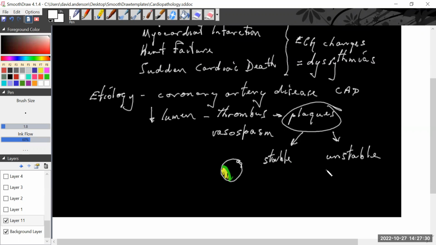However, in an unstable plaque, we see a very large lipid core. So we had our lipid core, but in this case it's a larger lipid core. And we would probably see either a very thin or possibly even an incomplete fibrous cap.